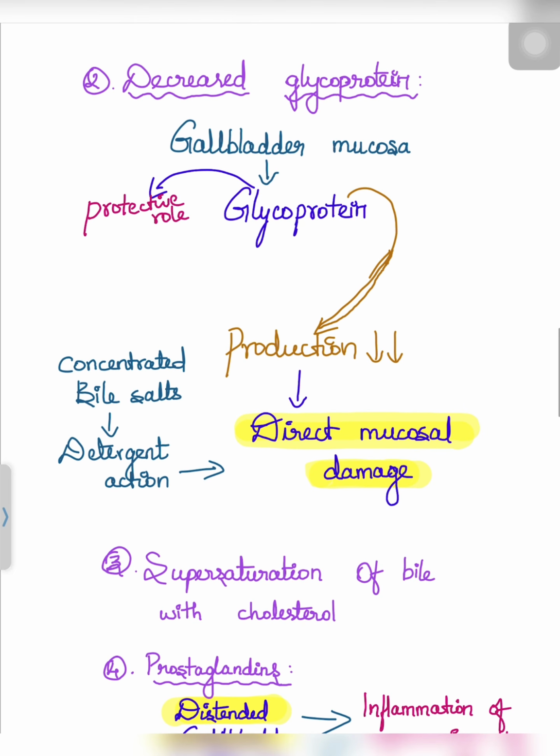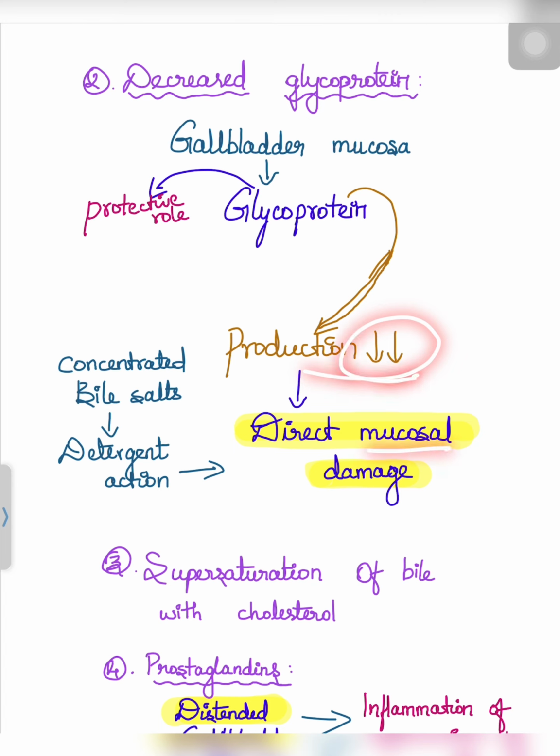Next, decreased glycoprotein. Let's see what glycoprotein is and what its role is. The gallbladder's mucosa secretes a compound called glycoprotein. Okay, this has a protective role. It protects against the bile salts. Let's imagine a situation where there is decreased production of glycoproteins.